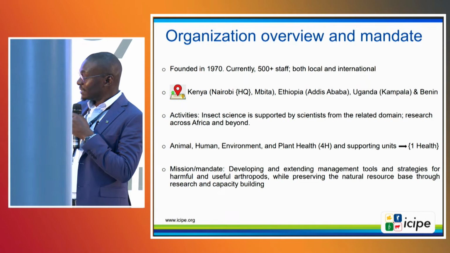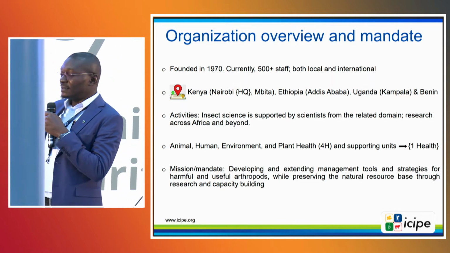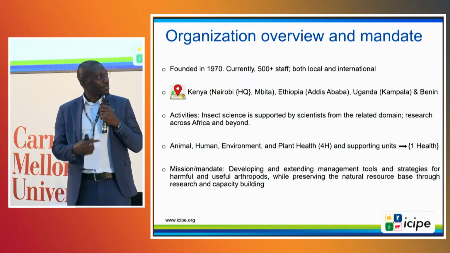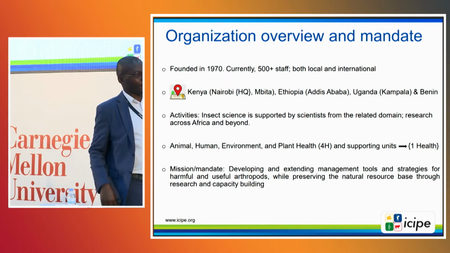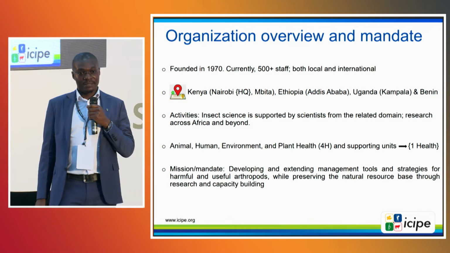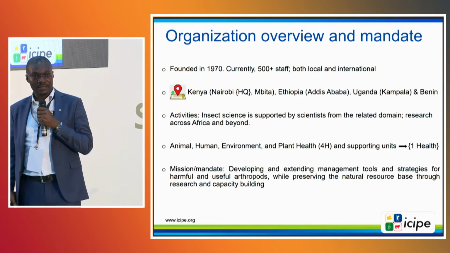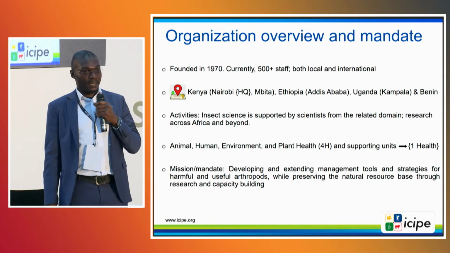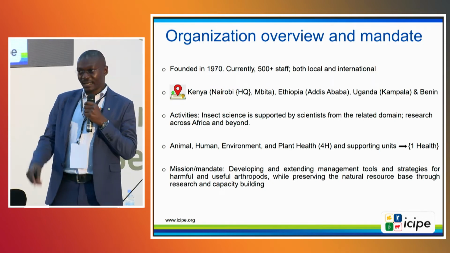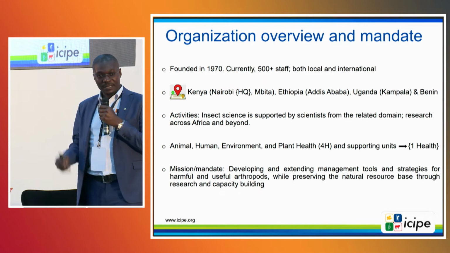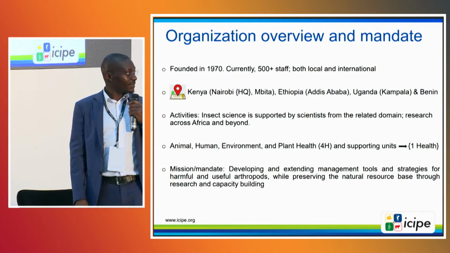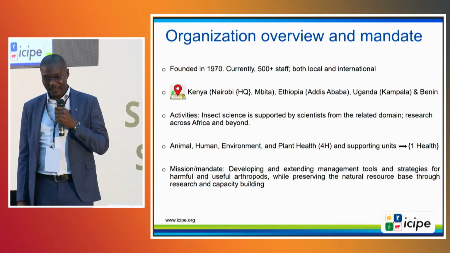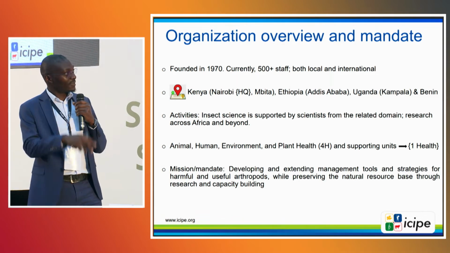So our main business is insect science and related domains within insects. We look at how insects affect humans, for example, mosquitoes transmit malaria. We look at how insects affect animals, like the tsetse fly causing trypanosomiasis, and how they affect the environment, for example, desert locusts ravaging the environment.